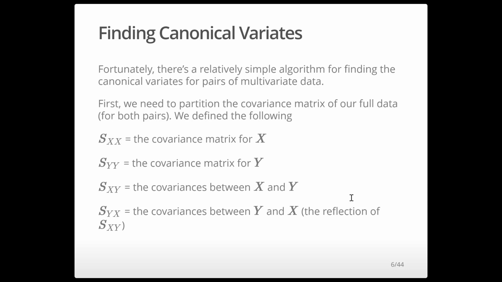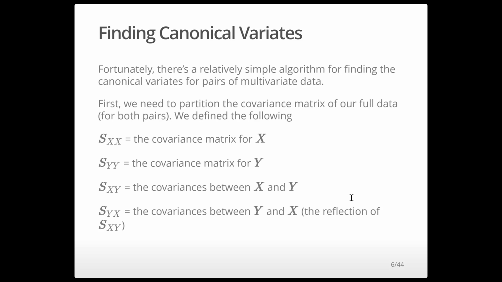So there's a relatively simple algorithm for finding the canonical variates for pairs of multivariate data. So first we need to partition the covariance matrix of the full data with both x and y, and then we need to sort of slice it up. So we're going to take the covariance matrix of x for x. We're going to call that SXX. And then we're going to take the covariance matrix for y, we'll call that SYY.